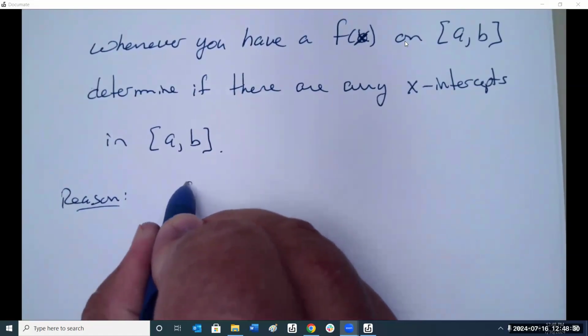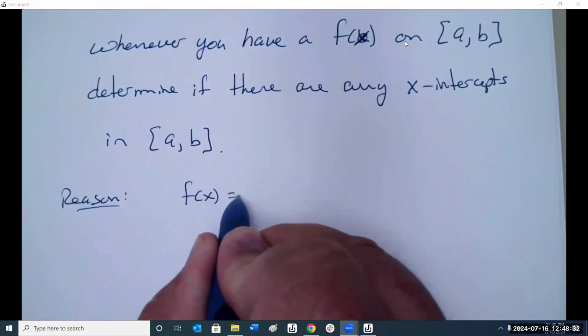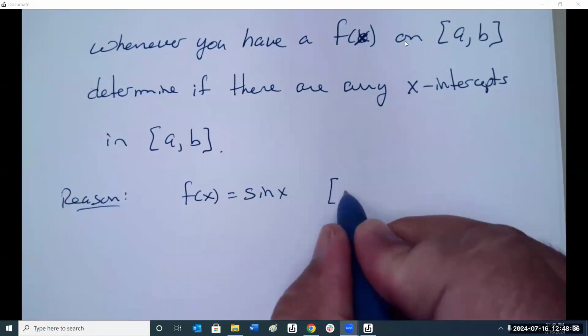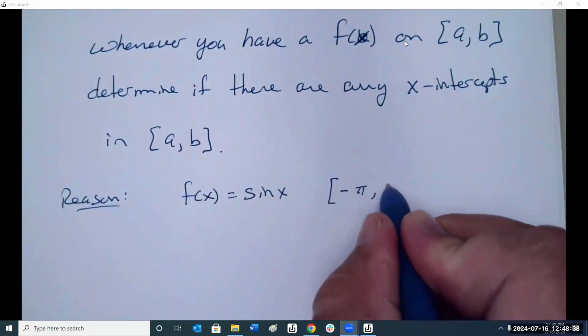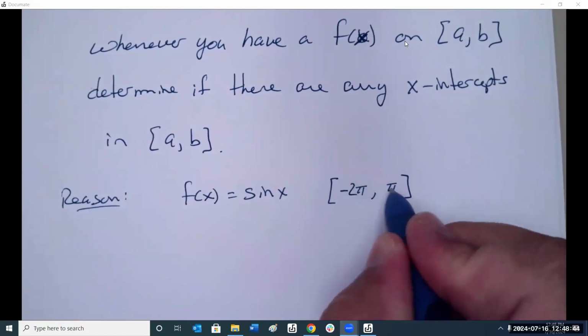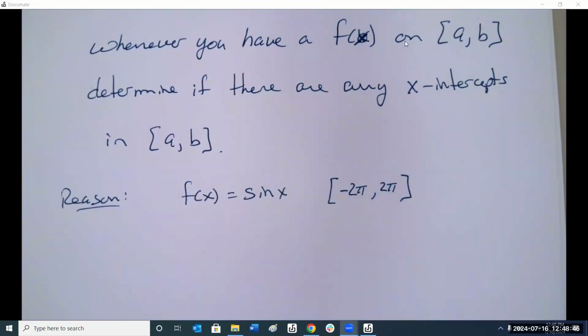And here's the reason why. Let's look at our function sine x going from negative pi to pi. Oh, let's go negative 2 pi to 2 pi.